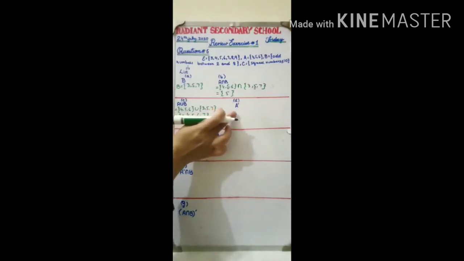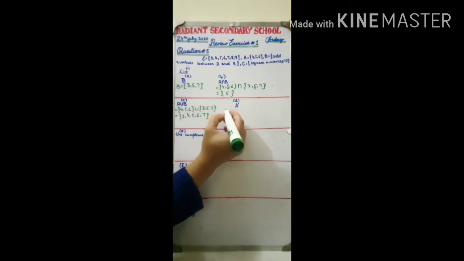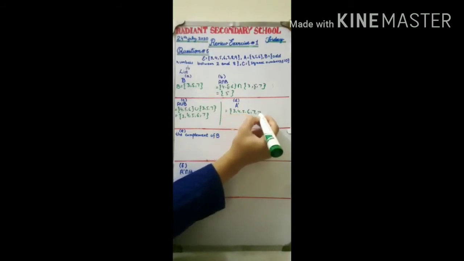Come on D part. In D part we have to find A complement. Okay. In A complement we know that we have to subtract A set from the universal set. So for finding A complement, universal set is 3, 4, 5, 6, 7, 8, 9 minus A set.